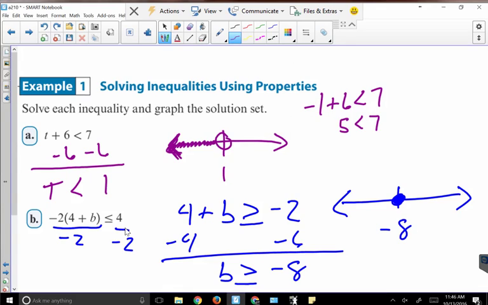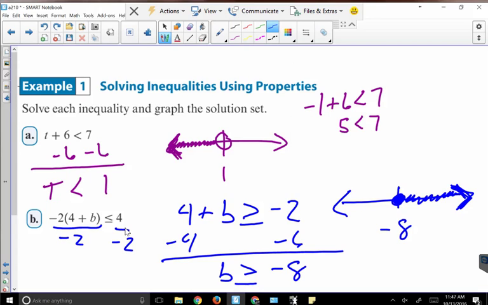Now, the other one. Which way is it going to get shaded? Well, b has to be greater than or equal to -8. So that means it's going to have to be values that are up this way. So, give me a value that's larger than -8. -4.